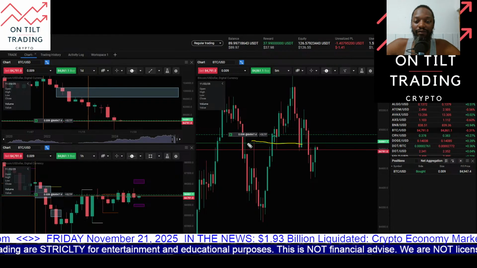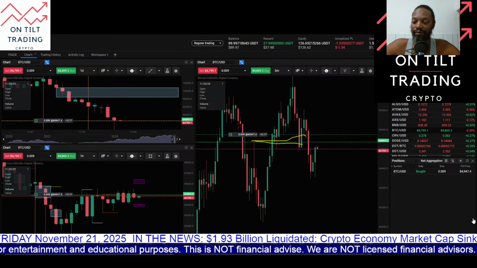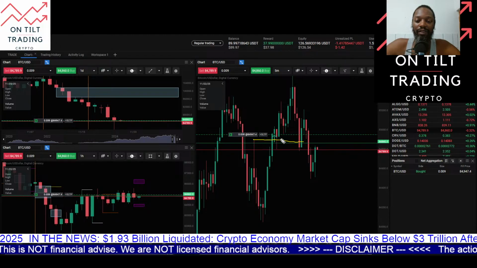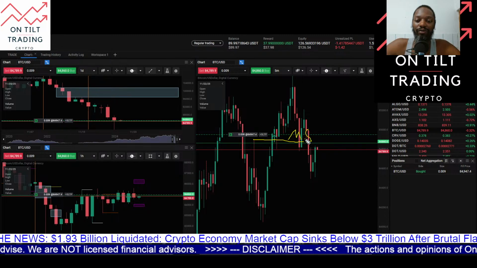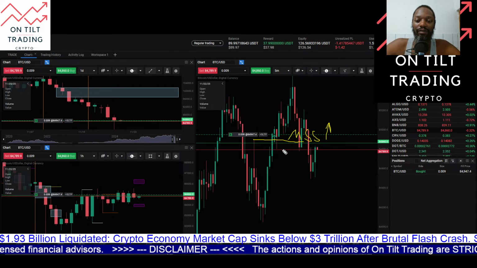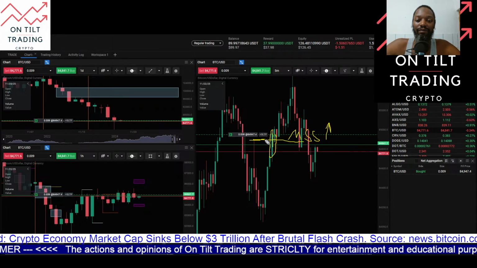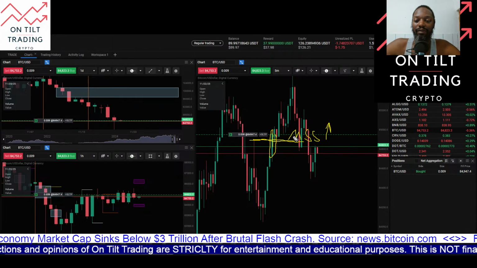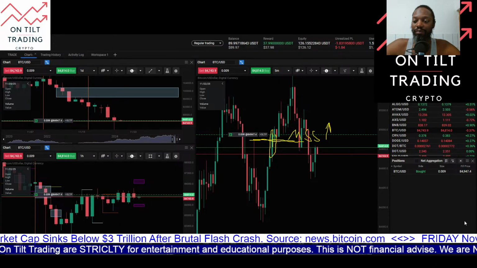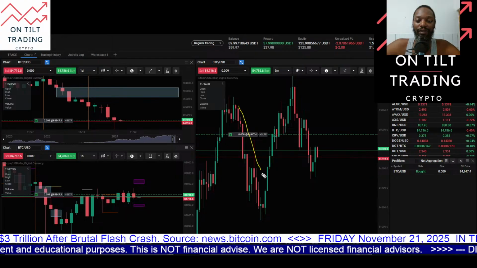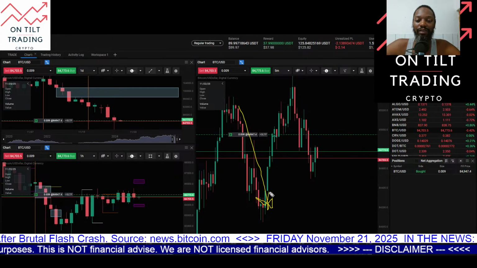And at this level here, there's a market structure shift here to the buy side, with this candle here closing above this candle. So that would show some intention for price to deliver further to the buy side after it delivered to the sell side in this price leg.